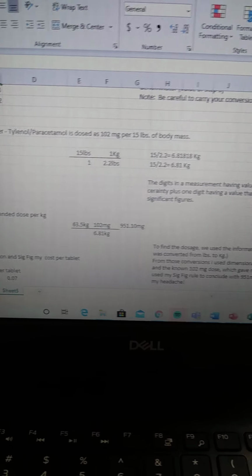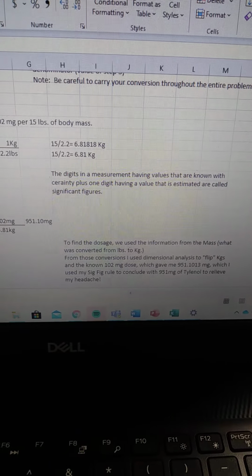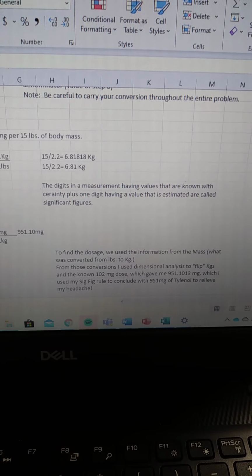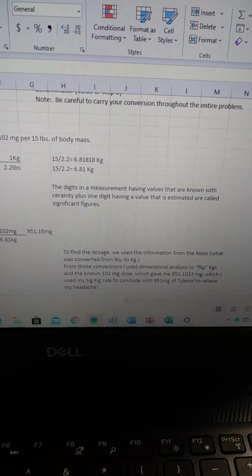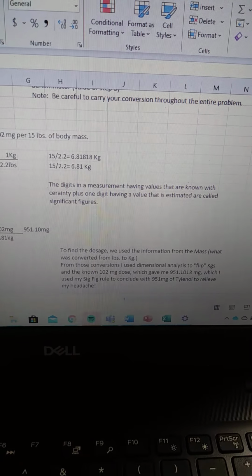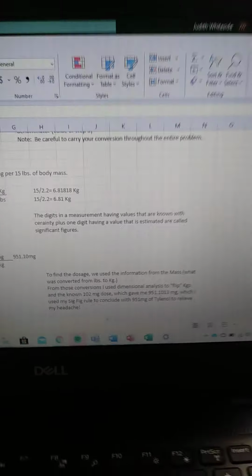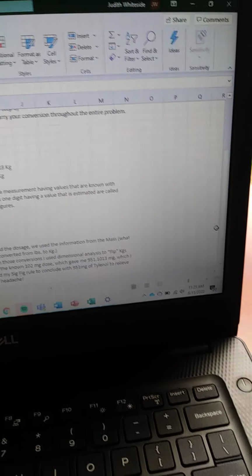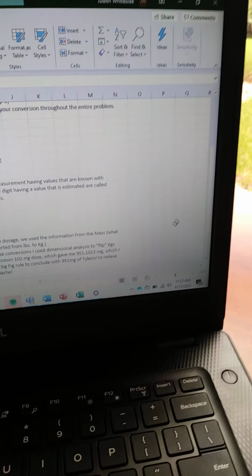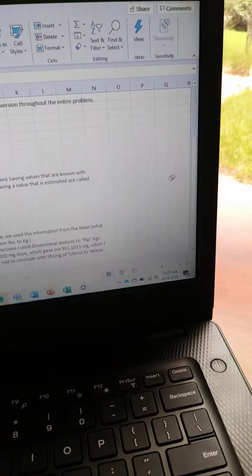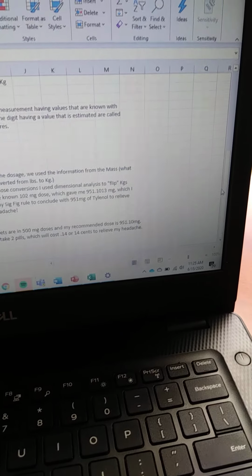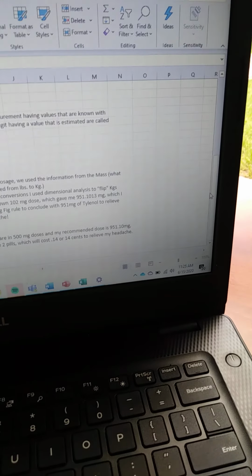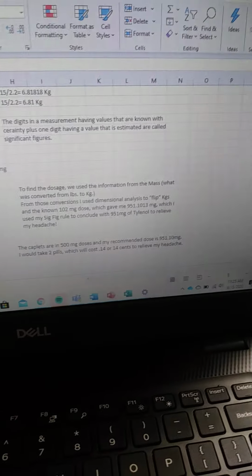Now to find the dosage, I had the 951 milligrams, and I used my sig figs to conclude that I would need 2 pills, which will cost 14 cents to relieve my headache.